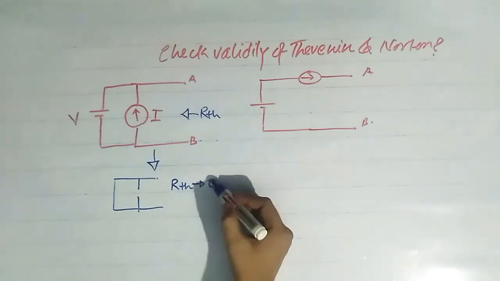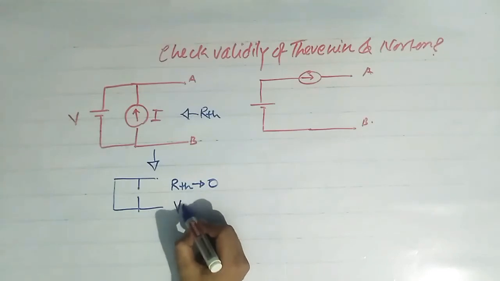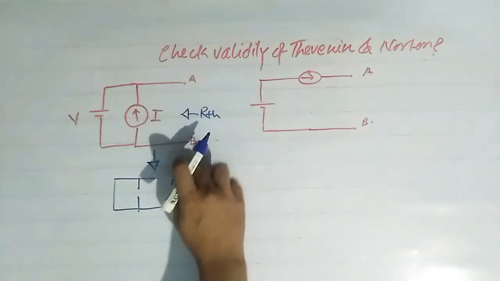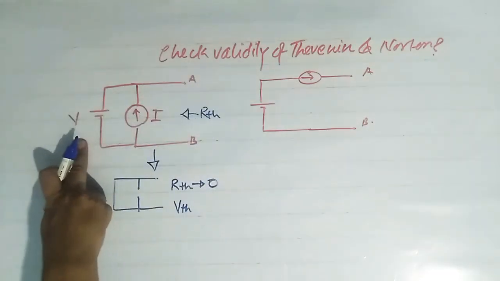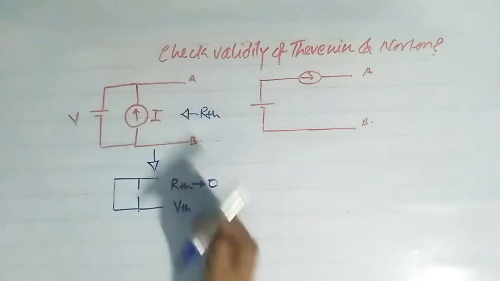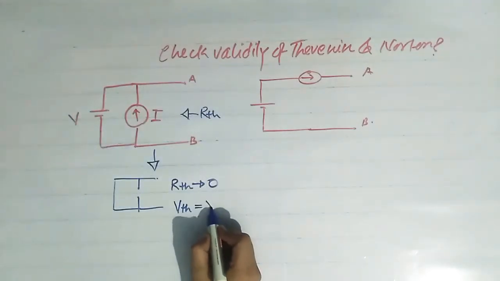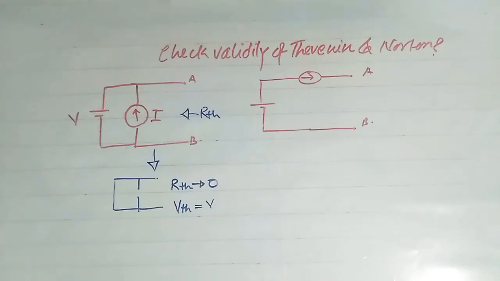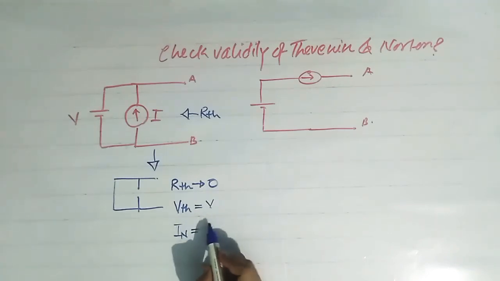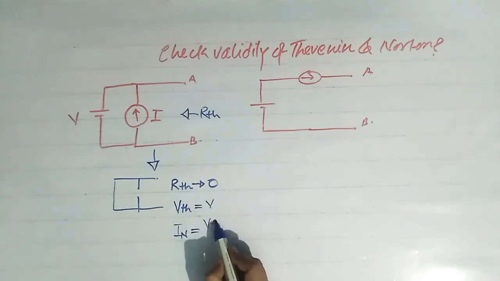It simply shows that RTH is equal to 0. And what is VTH? We know that the voltage across this terminal AB is equal to this voltage V because they are in parallel. So VTH is simply equal to V. Okay. And what is Norton current? IN is equal to VTH by RTH.